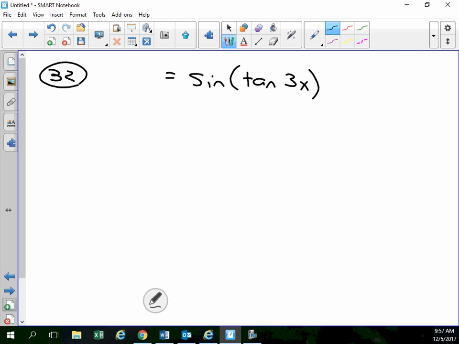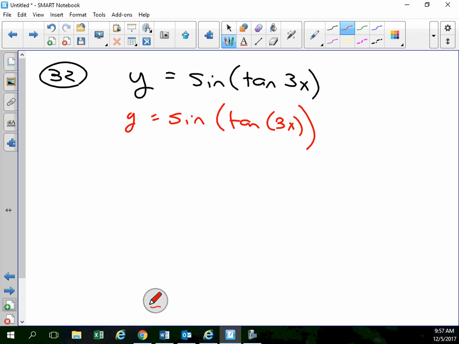The first thing I am going to do is insert a set of parentheses, just so you can see a couple things. I'm just going to put that 3x into parentheses, because I want to talk about inside and outside functions. And to remind you that if I have a sine, cosine, tangent, secant, or cotangent, I have to have something right after it.